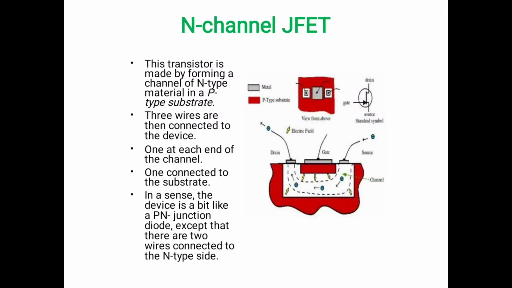One connection is at each end of the channel, like a PN junction diode except there are two wires connected to the n type side.